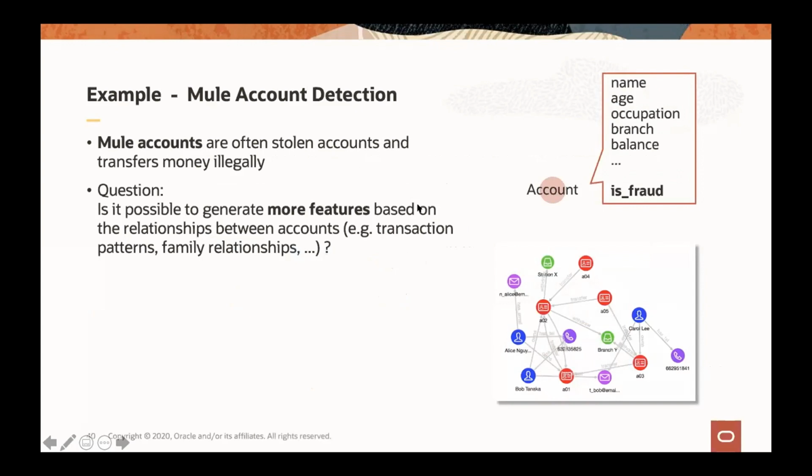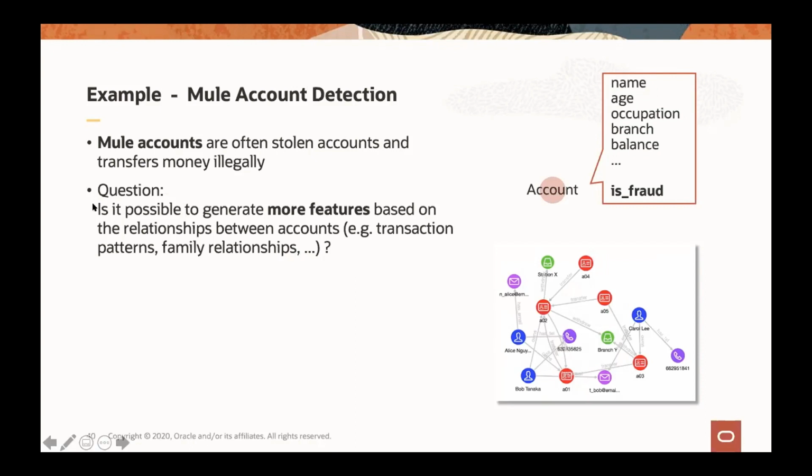This is one example of the usage of graph with machine learning in the financial industry for detecting mule accounts. Mule accounts are fake accounts, often stolen accounts, and transfer money illegally.